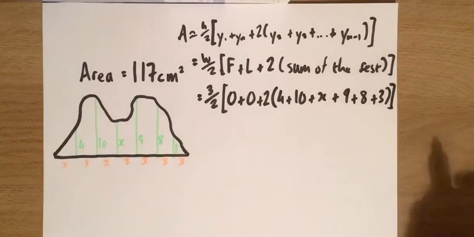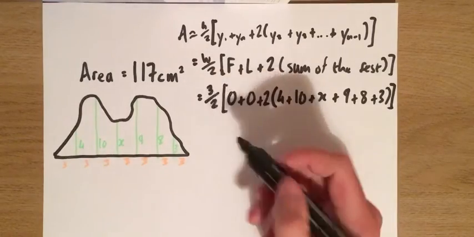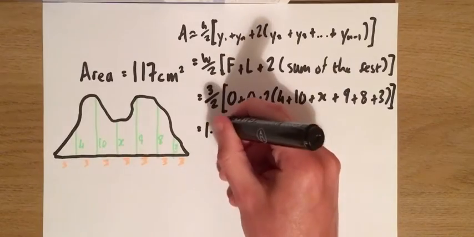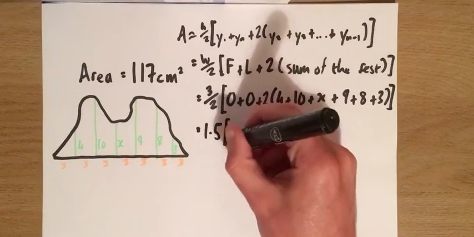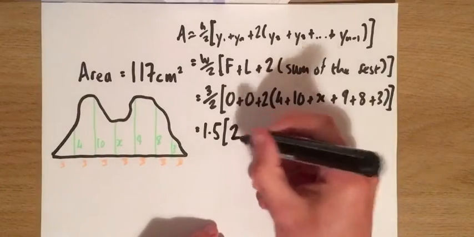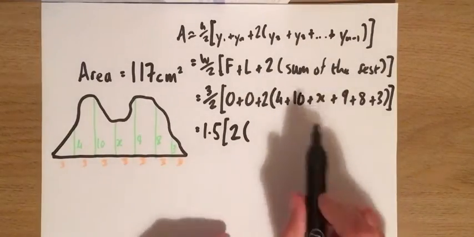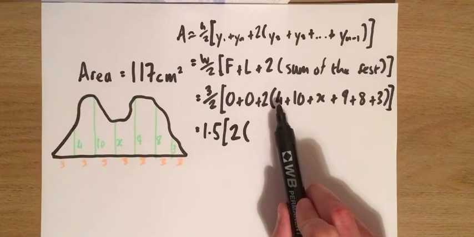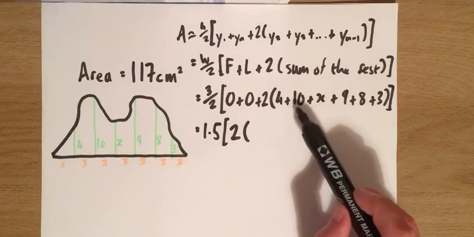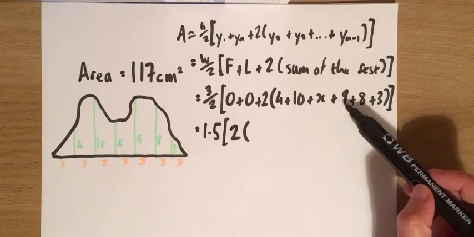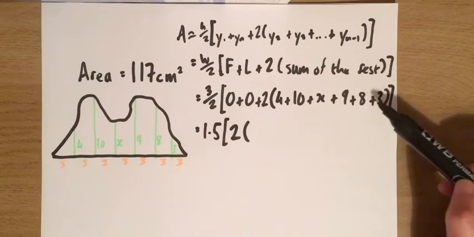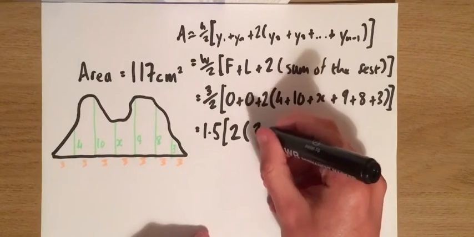Okay, so let's just do what we can. 3 over 2, you can leave it as 3 over 2, you can write it as 1.5. 0 plus 0 is just 0, okay, so it's going to just be 2 multiplied by, let's just add the numbers together here, so 4 plus 10 is 14, plus 9 is 23, plus 8 is 31, plus 3 is 34.